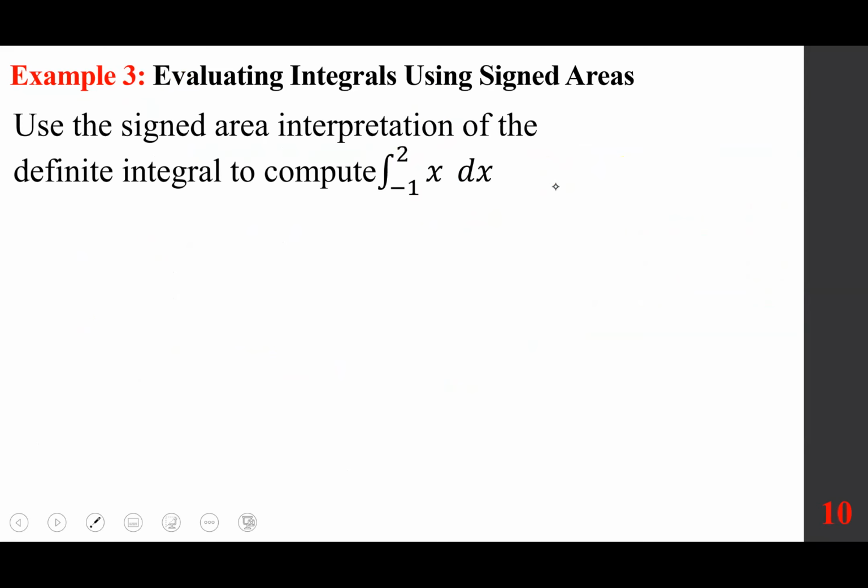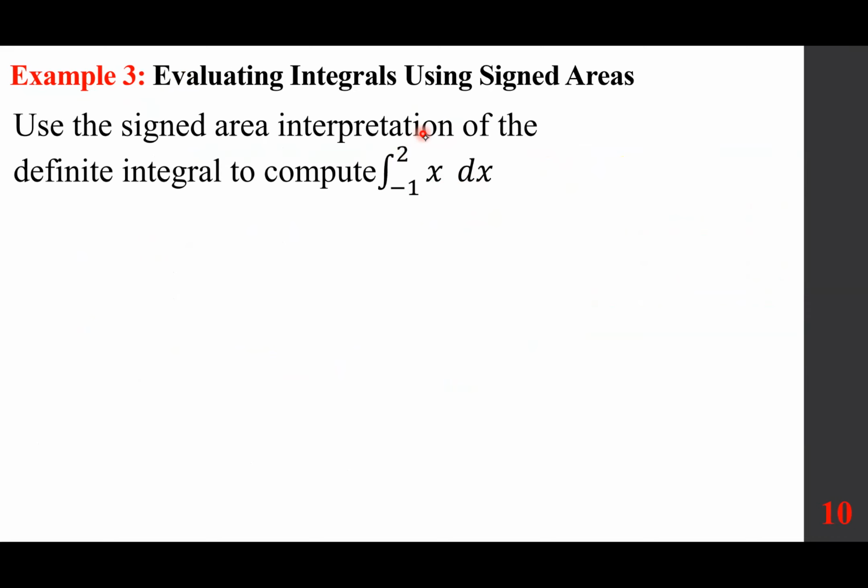Use the signed area interpretation of the definite integral to compute the integral of x dx from -1 to 2. It's important to know that we are not claiming that the definite integral represents the area under the curve. It does when it's a positive function. Otherwise, it's the difference of areas, as I mentioned before.